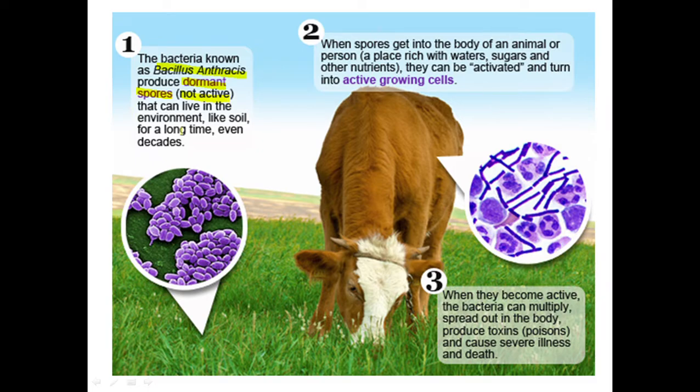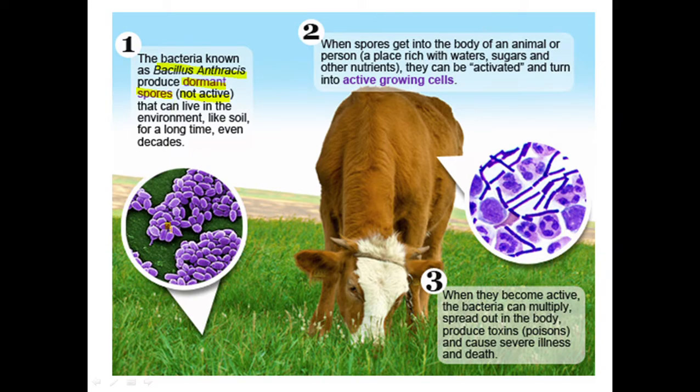Even if it doesn't get a host in a month, in a year, it will remain inactive or in a dormant stage for several decades, more than 10 years. So this is the bacteria known as Bacillus anthracis, which produces dormant spores.